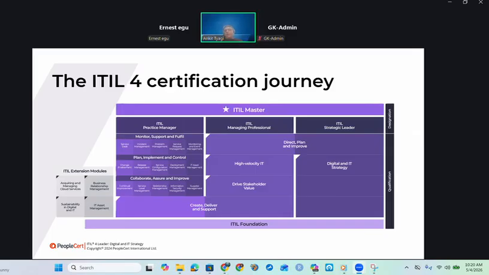So if you have achieved these designations here, then you don't need to do all the exams for version 5. You just do one exam, ITIL Transformation, and you would be an ITIL Master. But again, this is still in the beta stage, so I would not go ahead and confirm this to you. But yeah, this is how likely it is going to go.